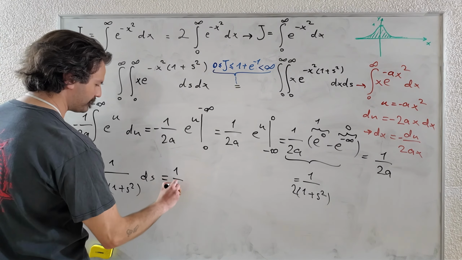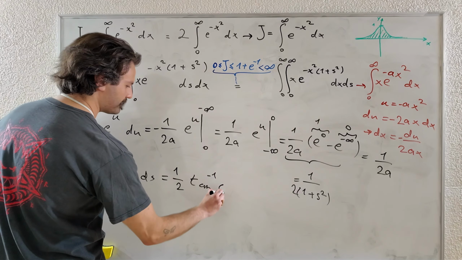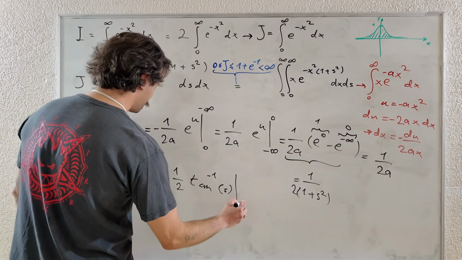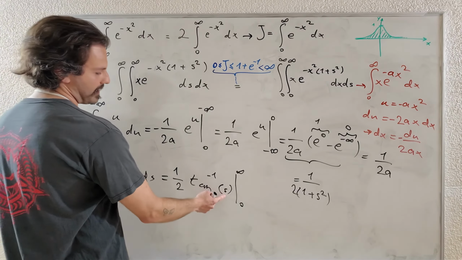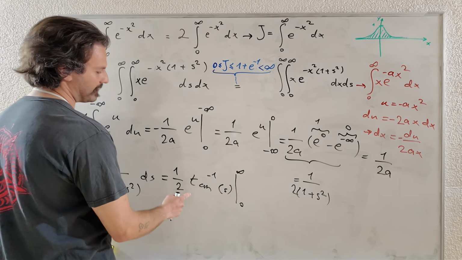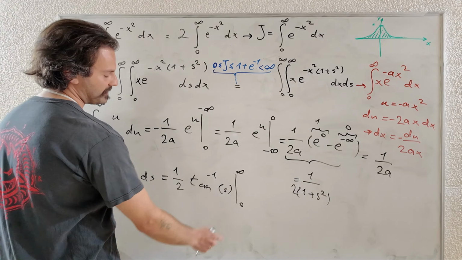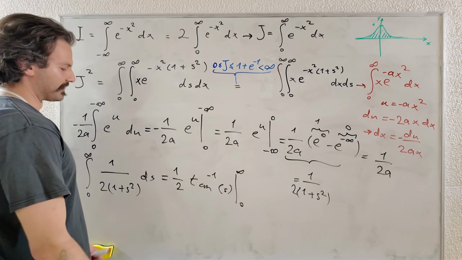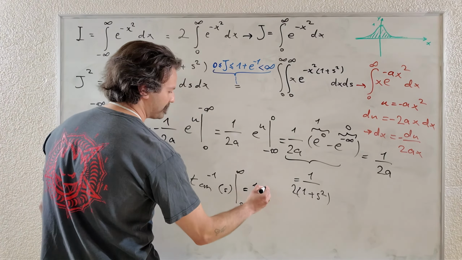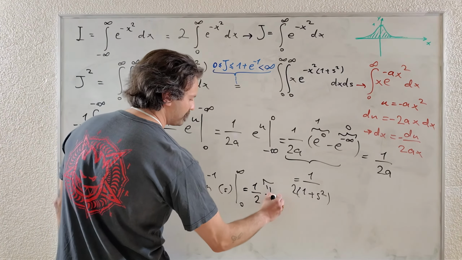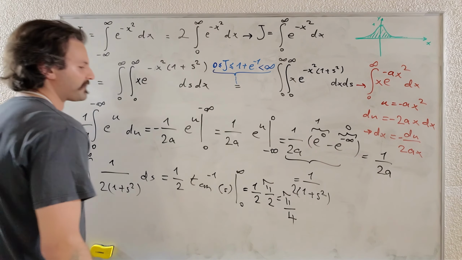So we have 1 over 2 times arctan of s evaluated between 0 and infinity. And we know as s approaches infinity, arctan of s is going to be pi over 2. And if s approaches 0, then arctan of s is just 0. So we get 1 over 2 times pi over 2, which just gives us pi over 4.